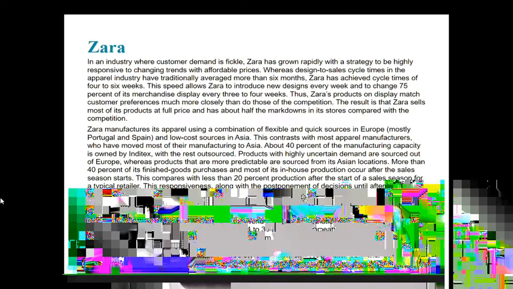Another prominent thing that they're doing is they have 2 different types of manufacturing. One is they produce in-house in Europe, and then they also produce something else by outsourcing to manufacturers in Asia.